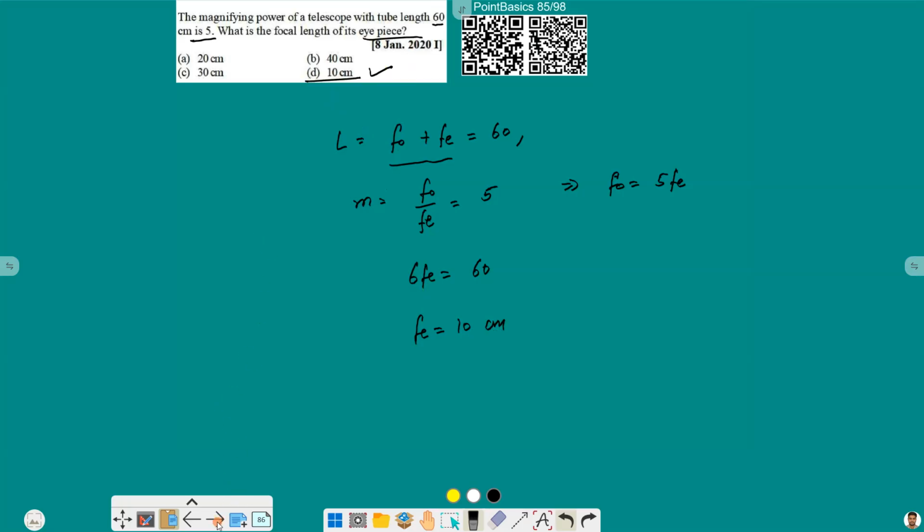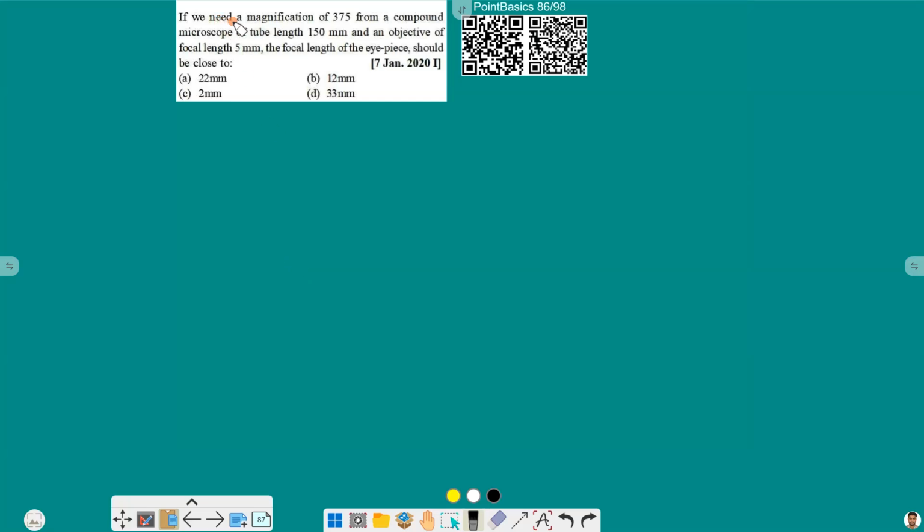For the next one, if we need magnification of 375 from the compound microscope of tube length 150 millimeter and objective focal length 5 millimeter, the focal length of the eyepiece should be close to. So for a compound microscope, the length is 15 centimeter and f of O is 0.5 centimeter.